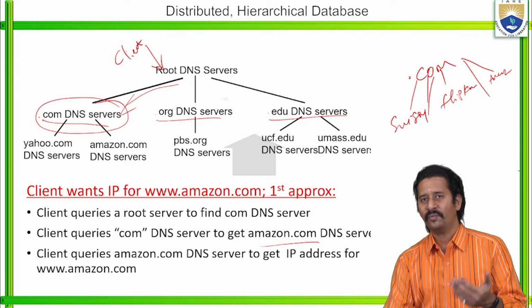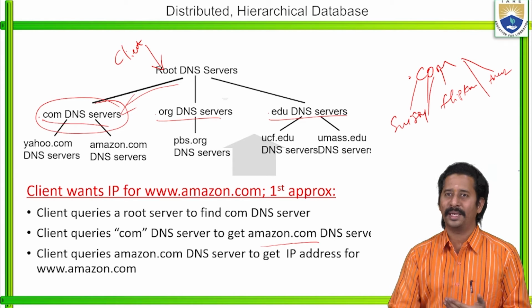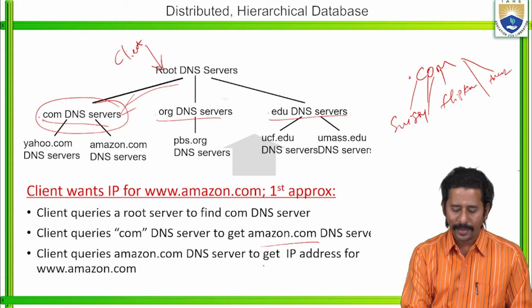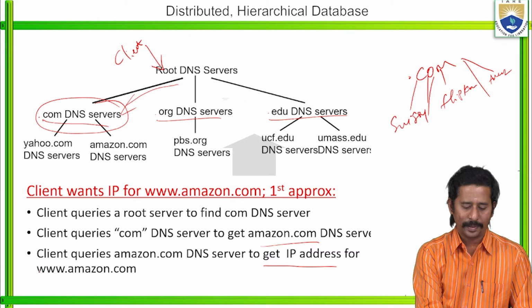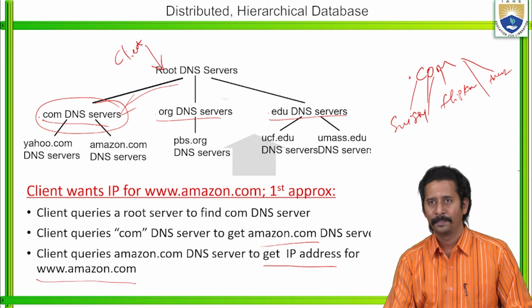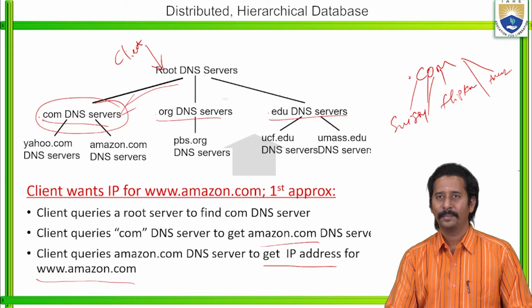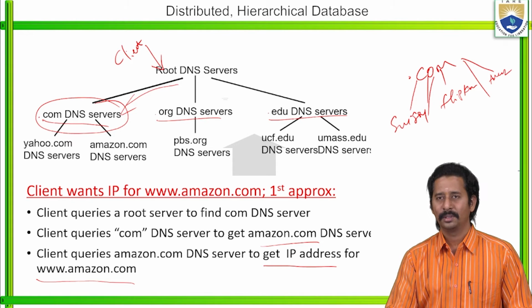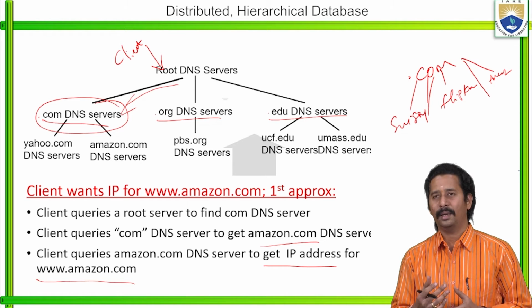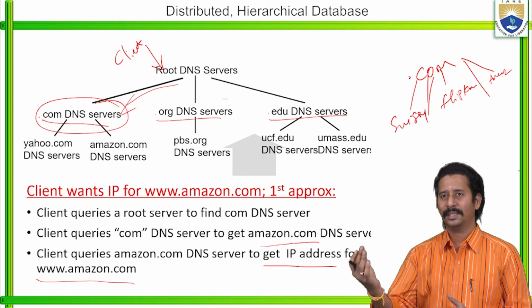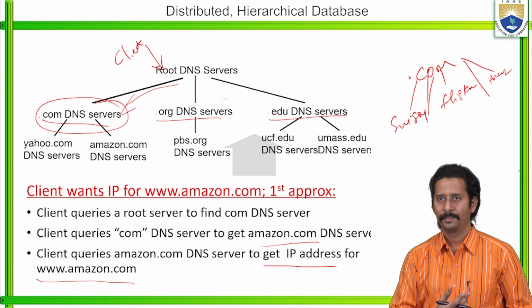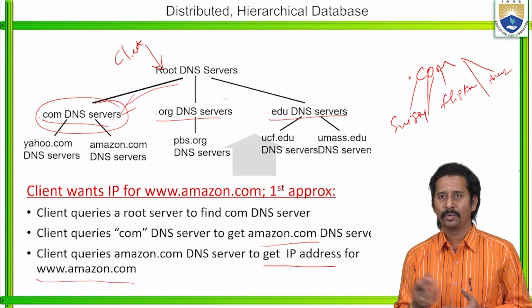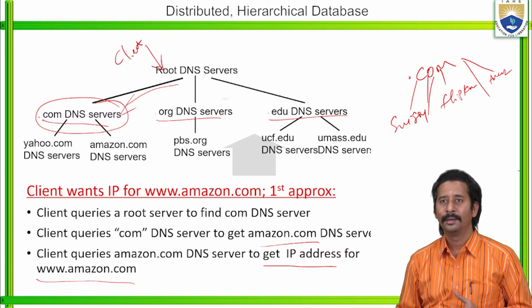So again, once you find it, the client queries the Amazon.com DNS server to get the IP address for that particular site or server, that is www.amazon.com. So what happens here? The DNS helps the clients. We don't want to remember the IP address of Amazon.com. Just we know the name. Then automatically DNS helps to get the IP address for that particular server.